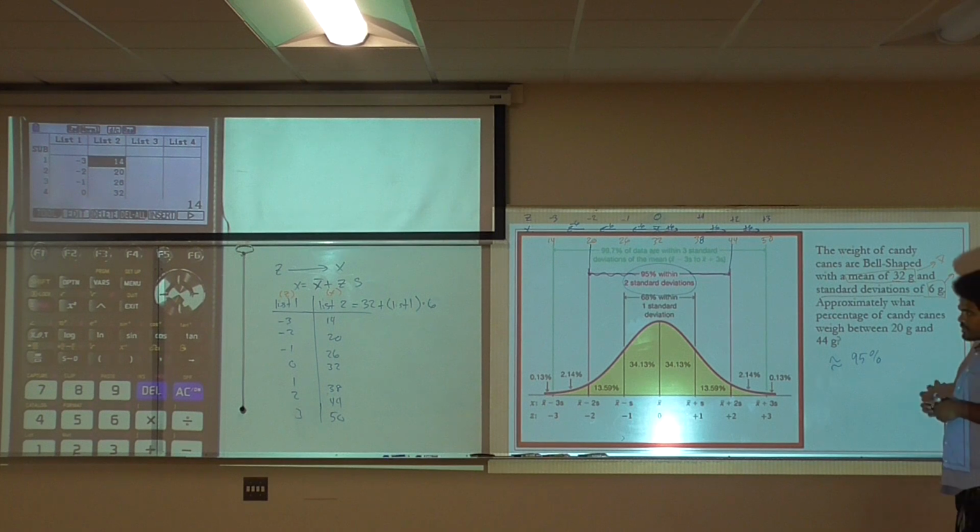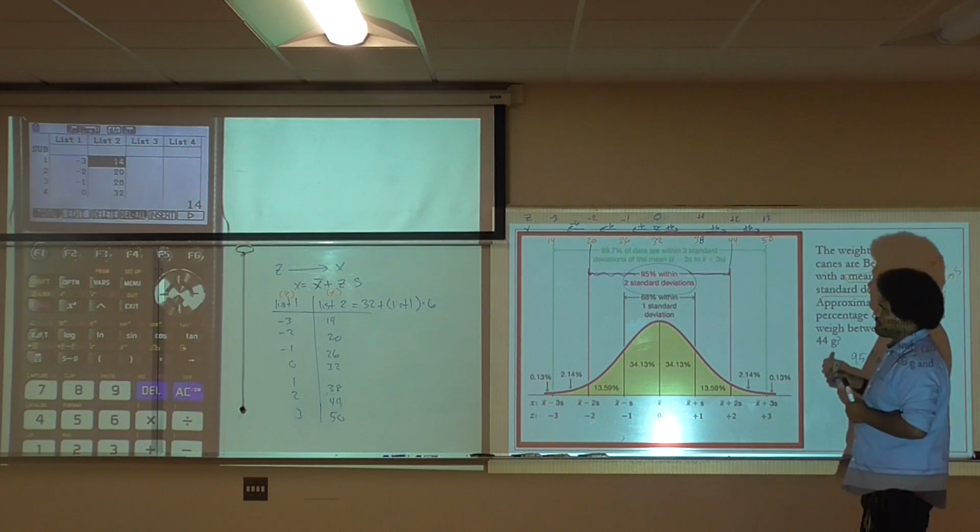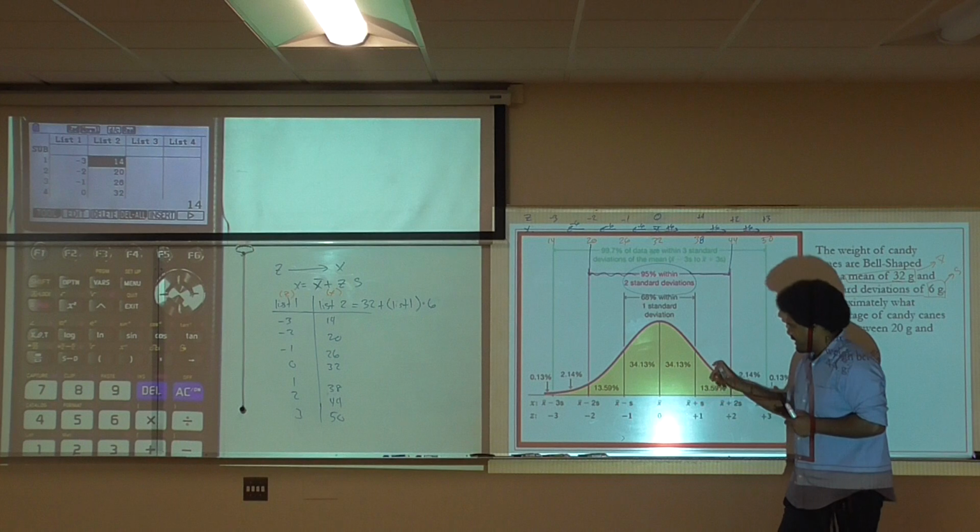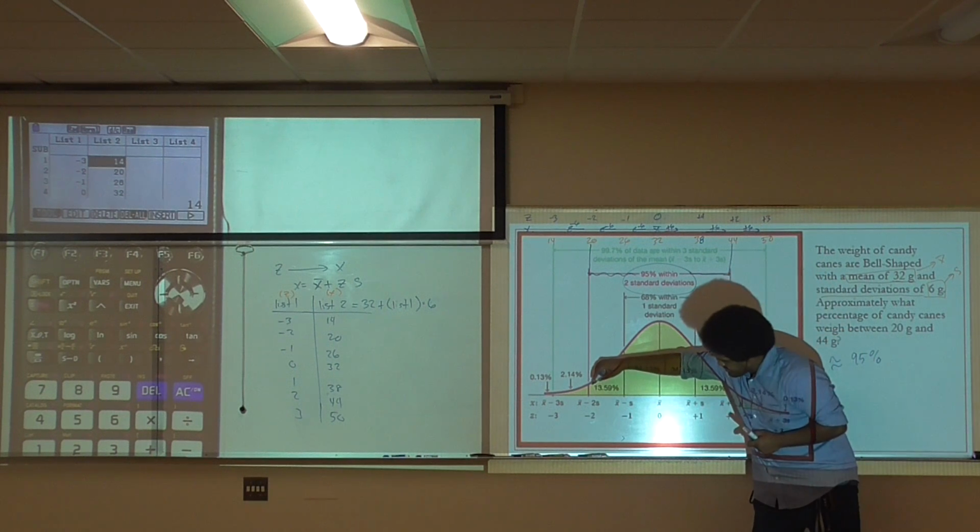And if you want to go the long approach and say you forgot that, all we're doing here is, we're in this region right here. Notice how we're in this shaded region.